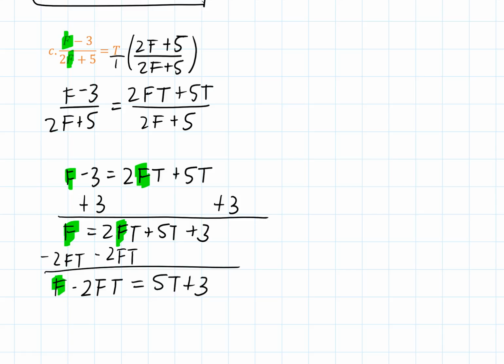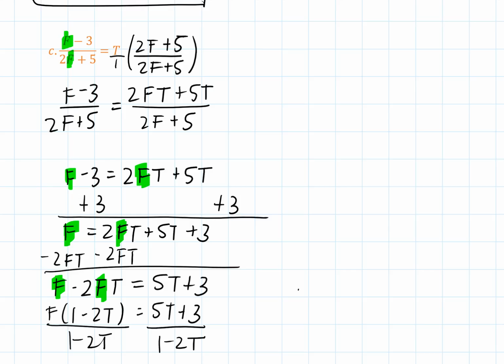Because if I have my f's on the same side of the equation, they are in common on the left. If they're in common on the left, you can just factor them out. And factoring them out is great because now you can just divide by the extra stuff, the leftovers. So we have f equals (5t plus 3) over (1 minus 2t).